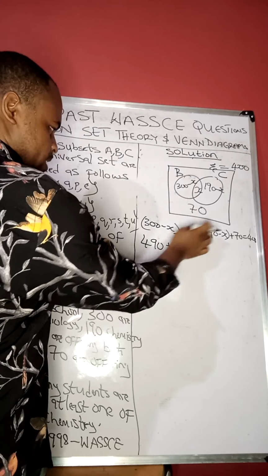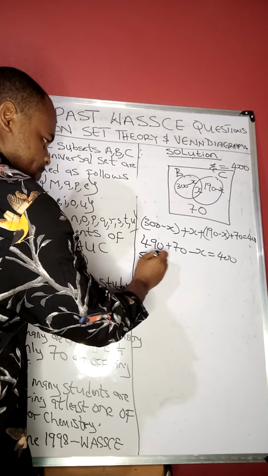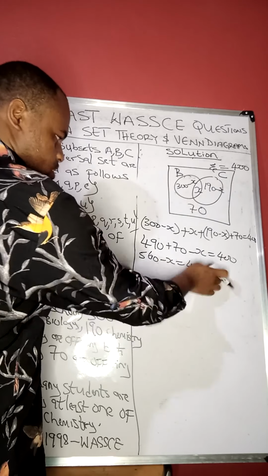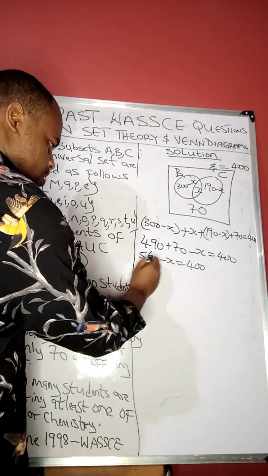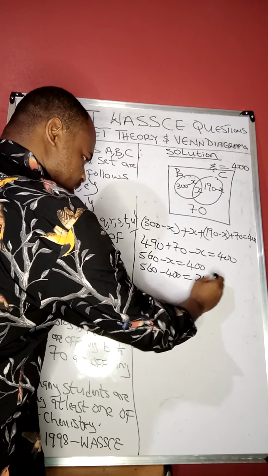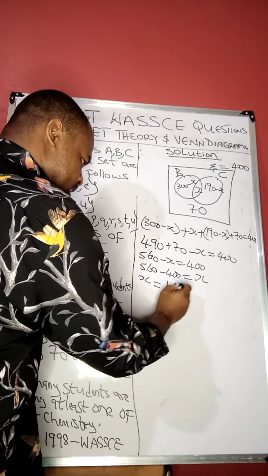Minus X plus X will go, so I'll be having 560 minus X equal to 400. So take X to this side, bring 400 here. So I'll be having 560 minus 400 is equal to X. So my X is equal to 560 minus 400, which is 160.